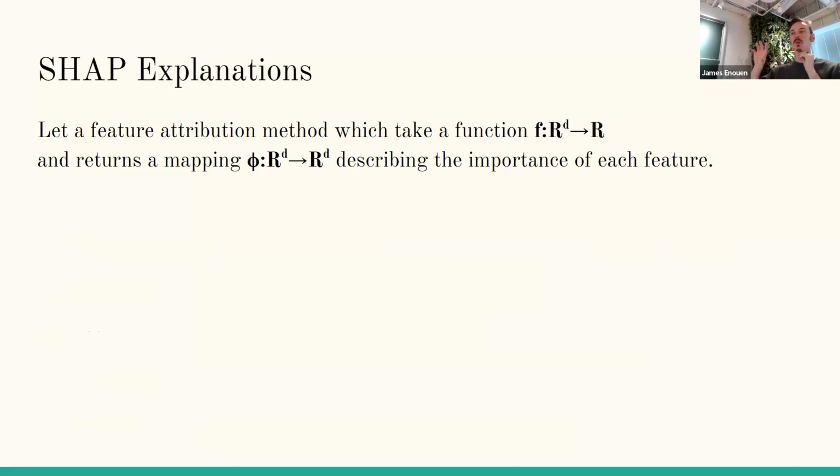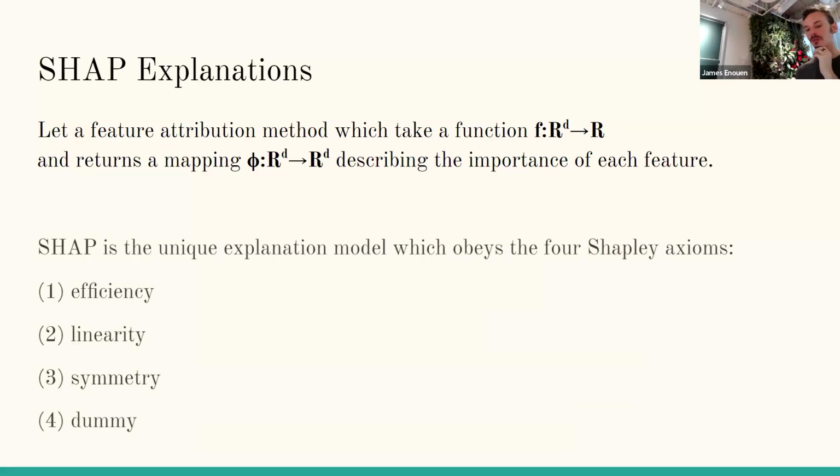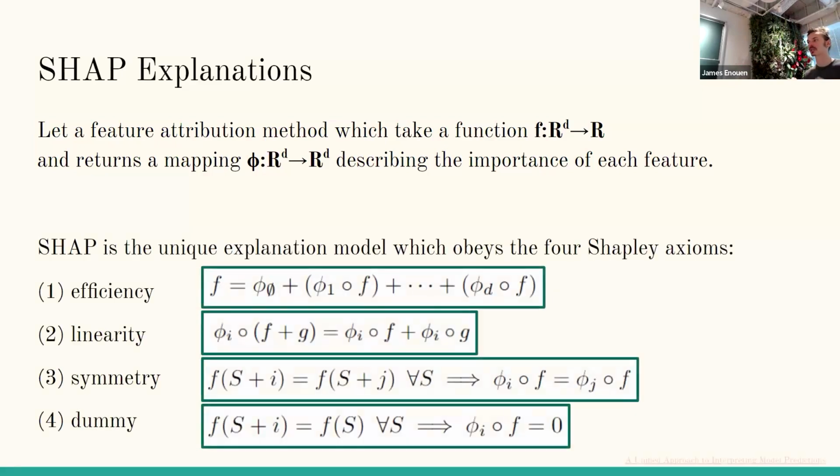For one data sample, you can say, this is the feature I was looking at, this is the feature I was not looking at. SHAP has gained a lot of popularity because it has these specific axioms based on the Shapley value, which is a historical game theory-based approach. And because it obeys these axioms, it's a unique solution after you take these axioms as fact.